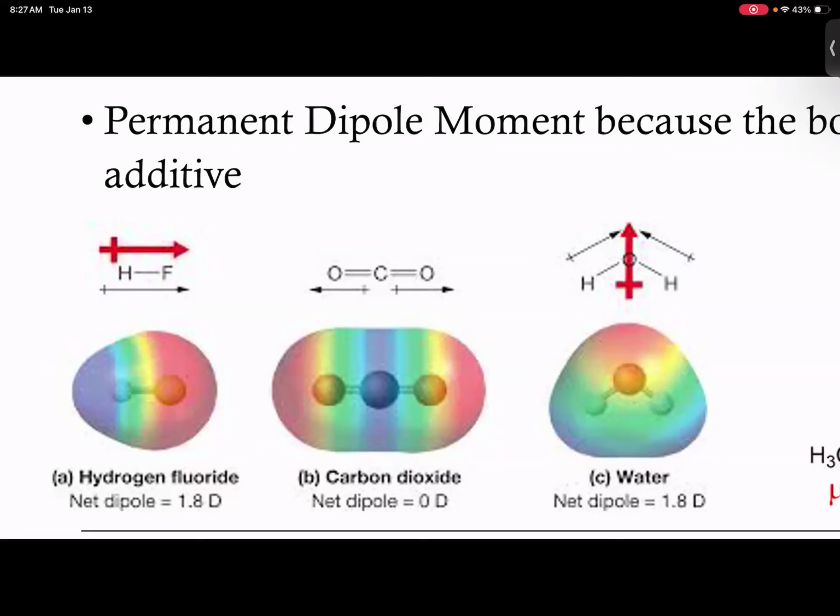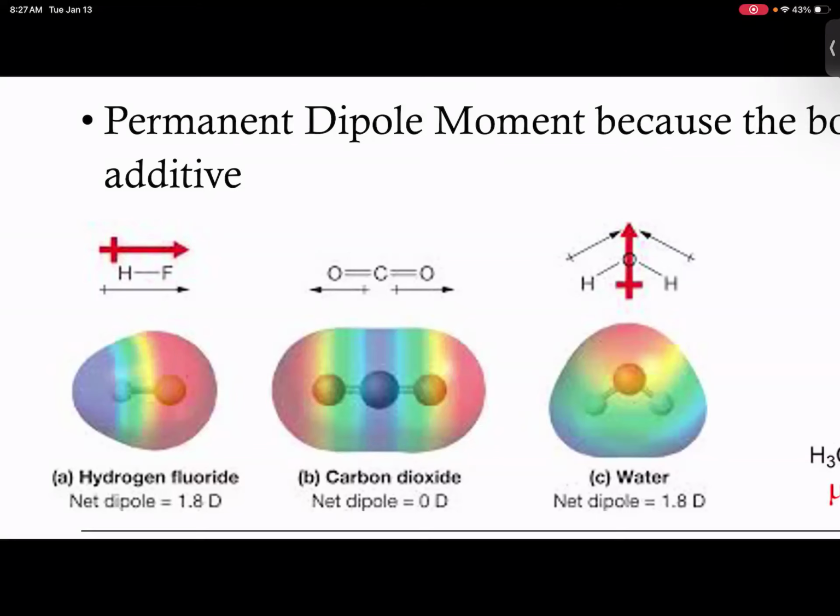Carbon dioxide is a nonpolar molecule. The carbon-oxygen bond is polar. The carbon-oxygen bond is polarized towards the oxygen.